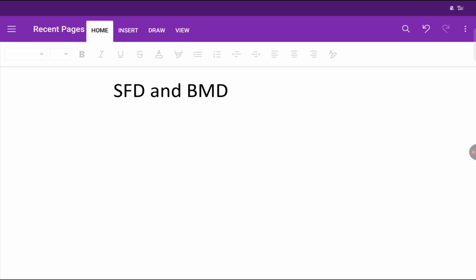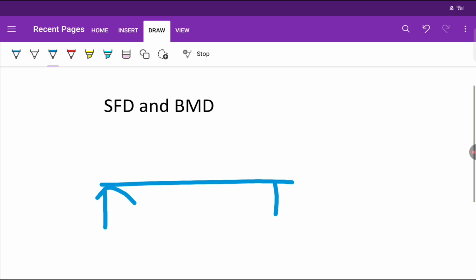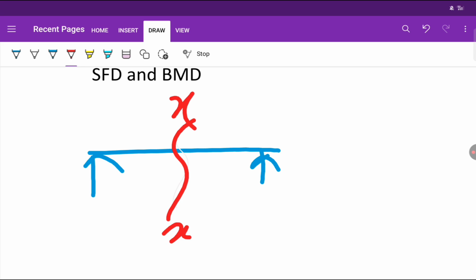So what is shear force? If I consider a beam and a section here, the XS section, then at this point what will be the shear force?